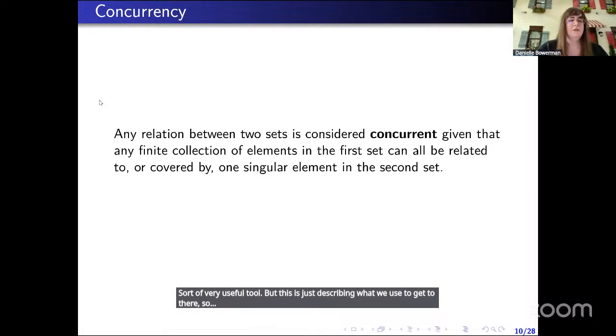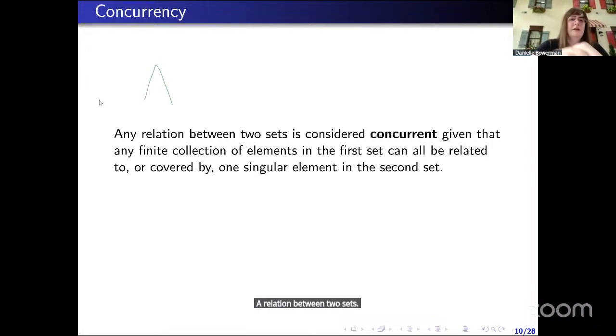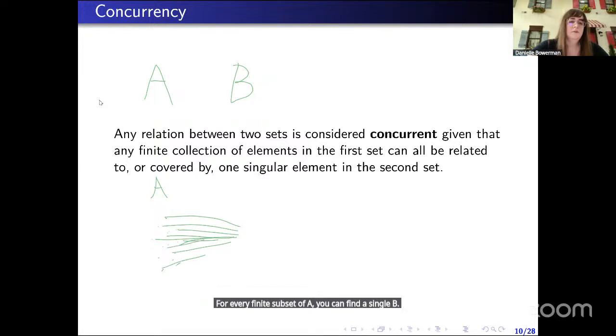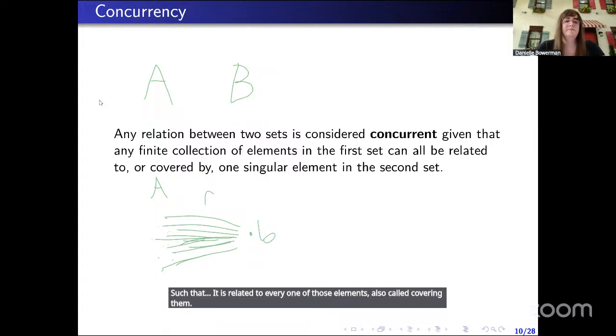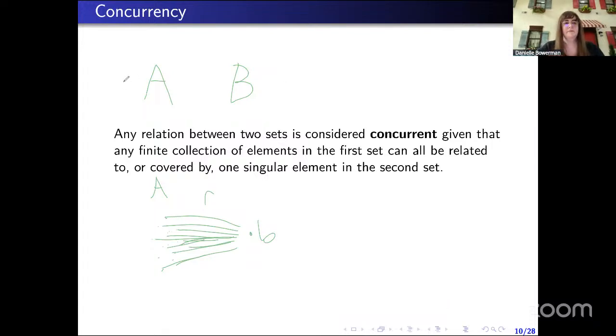A relation between two sets, say A and B, is concurrent given any finite subset of A: for every finite subset of A, you can find a single B such that it is related to every one of those elements, also called covering them. Any questions about that?